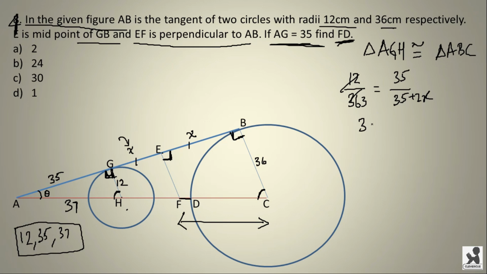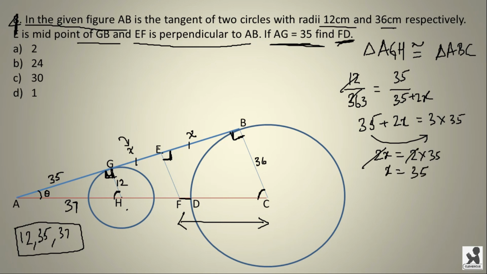We have 35 plus 2x is equal to 3 into 35. If we send 35 to this side, we get 2x is equal to 2 into 35. 2 goes with 2 and we have the x value as 35. So GE is equal to AG and EB.